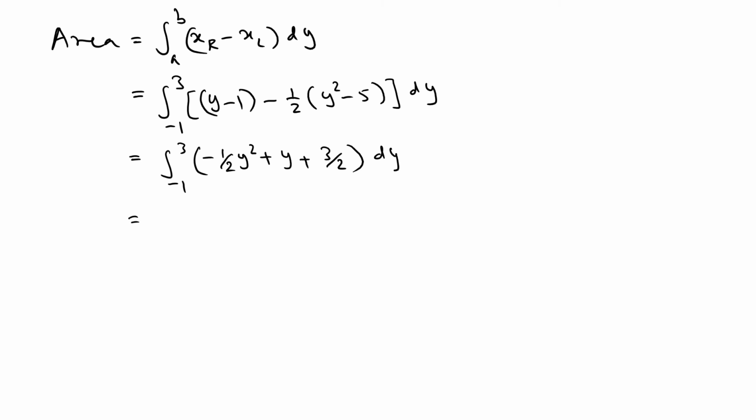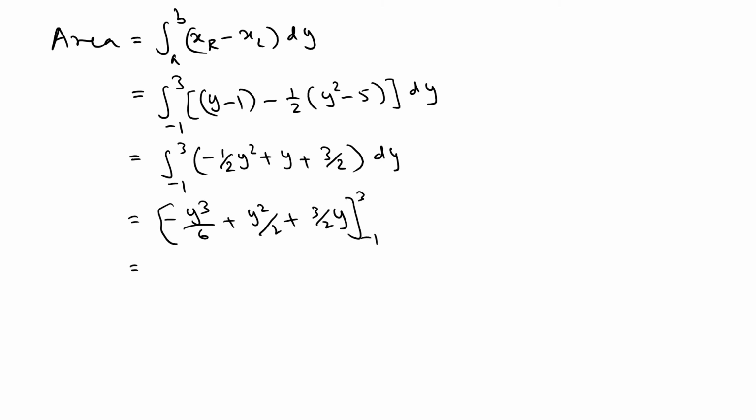Okay, so now we can integrate. If you integrate, you get -y cubed over 6 plus y squared over 2 plus 3/2 y. You're going to evaluate this between 3 and -1.